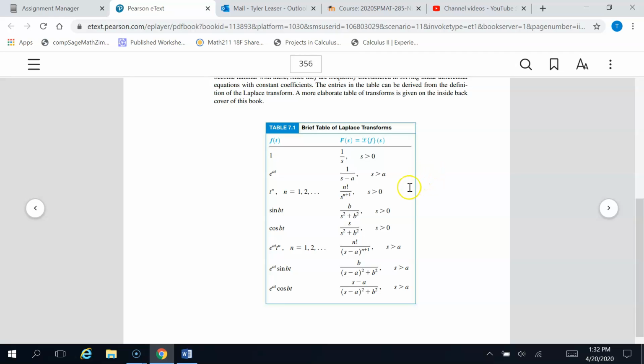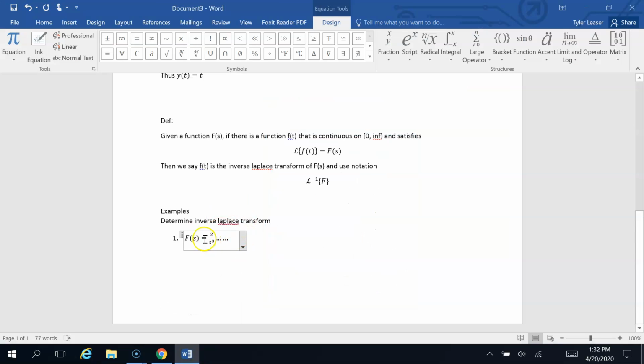And it looks like the only one that would make sense is this third one here. So I have a constant up top, some n factorial thing, but I can make this to be an s cubed in the denominator. The problem is that we don't have that 2, that we don't necessarily know if the constants are going to match up. But we can always fix that after the fact if need be.